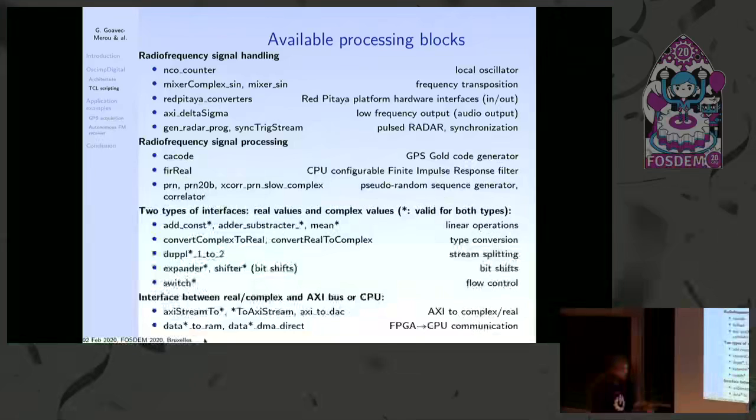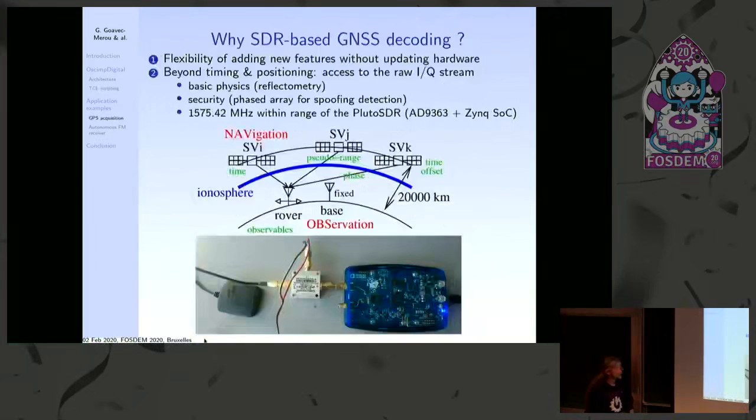Now we have seen the ecosystem, but why do it? The first one is the GPS decoding. The idea is we have a Pluto SDR. The Pluto SDR is able to directly sample the signal.